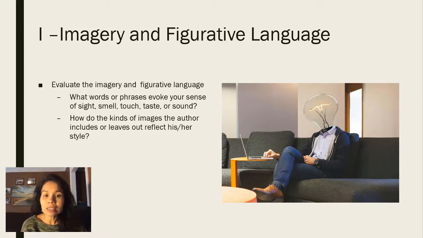If you can see it, hear it, taste it, smell it, experience it, it is probably imagery or figurative language. And how do the kinds of images the author includes or leaves out reflect his or her style? So notice those two points. What do they include, but also what are they omitting too? So think about what sort of imagery and figurative language is included or perhaps excluded deliberately.